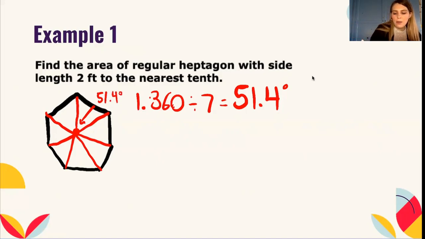Here comes the tricky part because I want to solve for the apothem, which is a line that cuts through the central angle and divides my sides into 2 right triangles. Now remember, each side is 2 feet. So that means that the bottom of my triangle will be 1 foot. So pretend I'm taking away one of those halves.